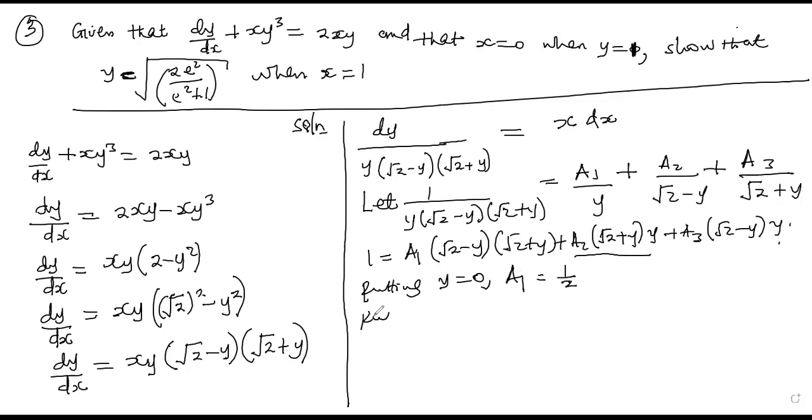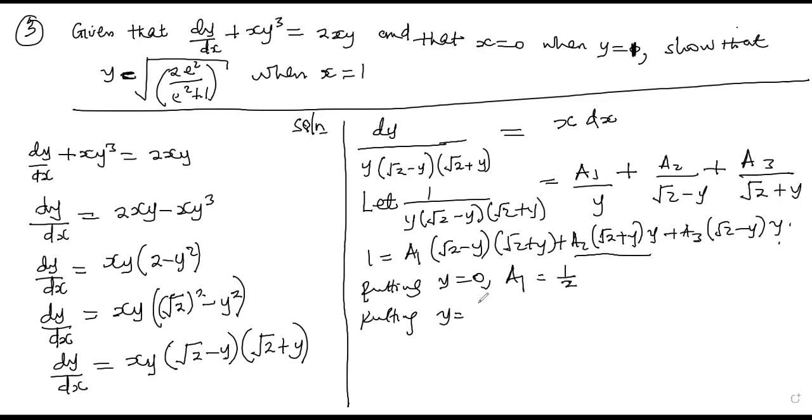Then if we put y as negative root 2, of course this one will go and this one will go, we can get a3.